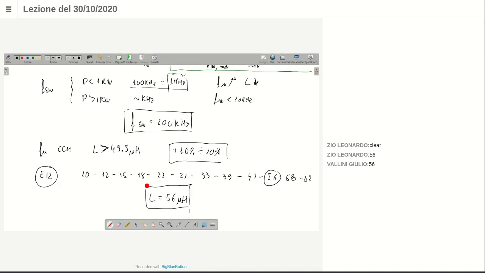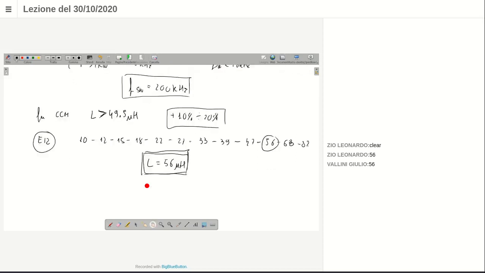Are we over with the inductor? Not yet, because in order to choose an inductor, we should not just give the value of the inductance, but we should also provide other specifications to properly choose the inductor.